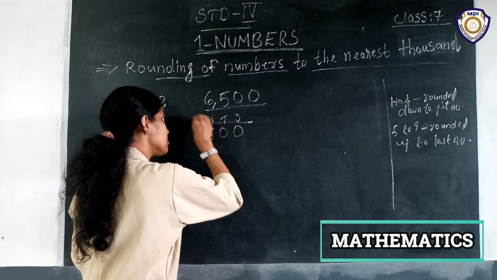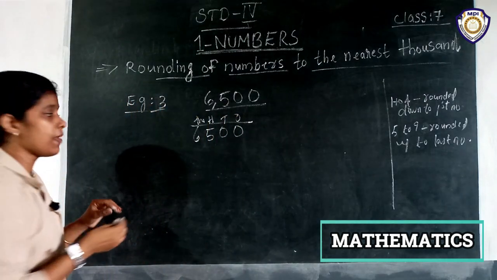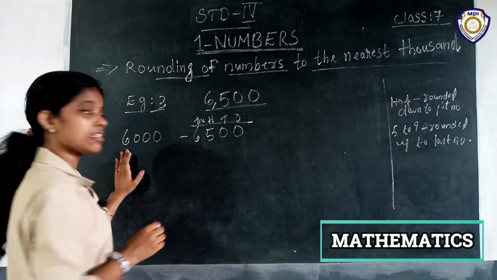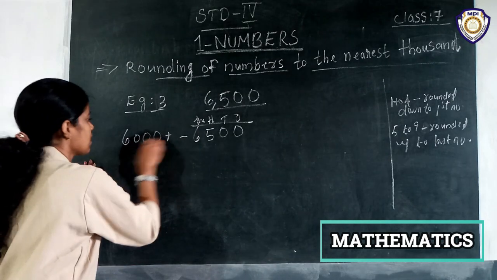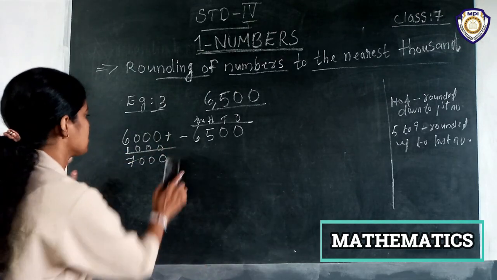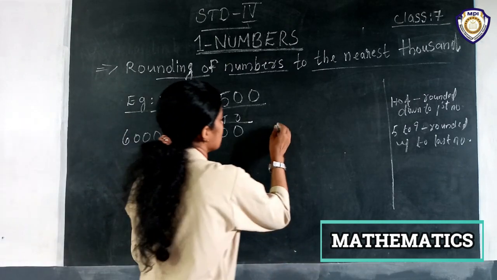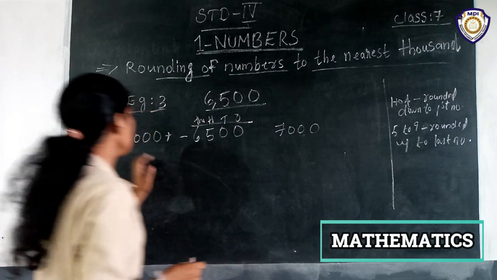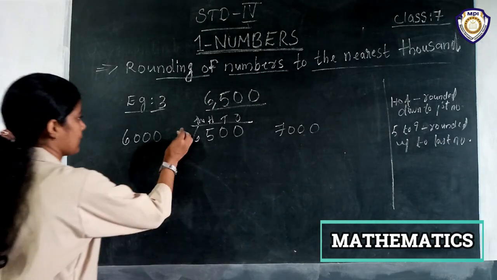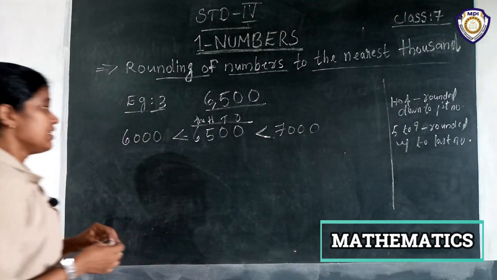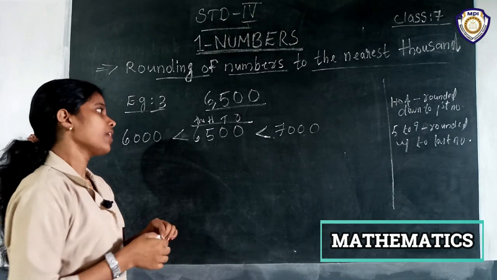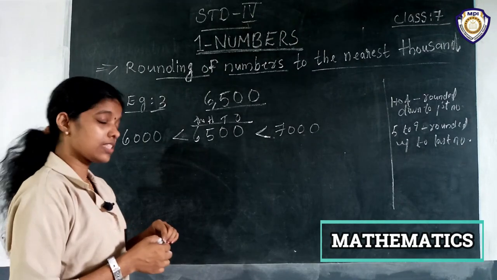Ones, tens, hundreds, thousands. 6 is in the thousands place, so 6 into 1,000 is 6,000. 6,000 plus 1,000 is 7,000. 7,000 is the last number and the first number is 6,000. 6,500 lies between 6,000 and 7,000.